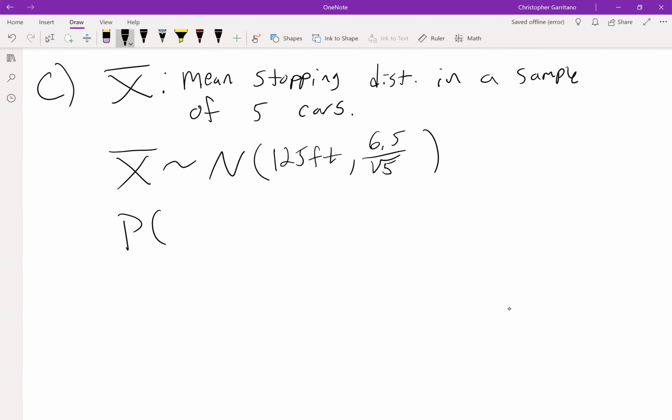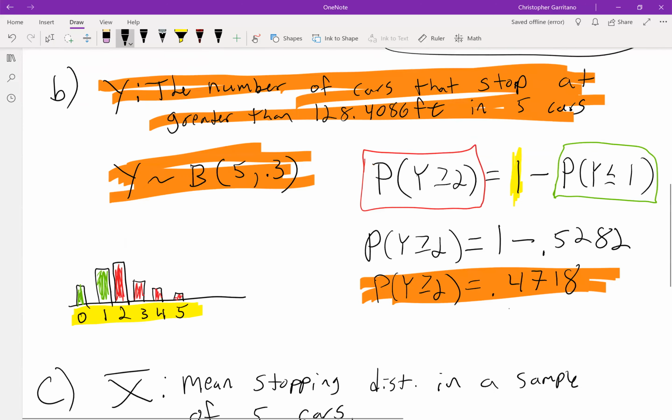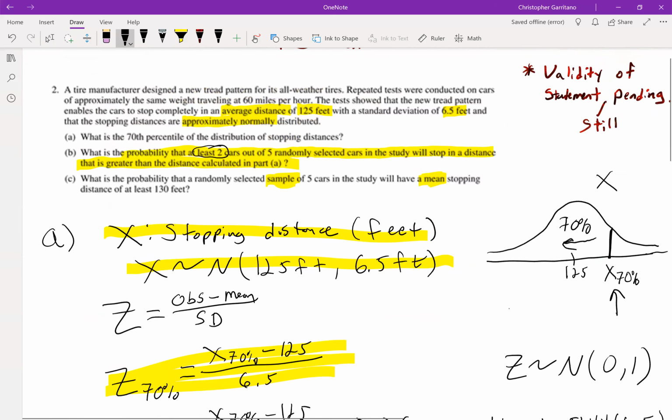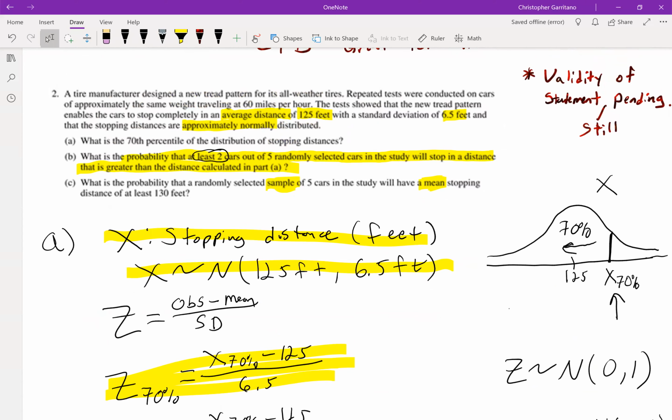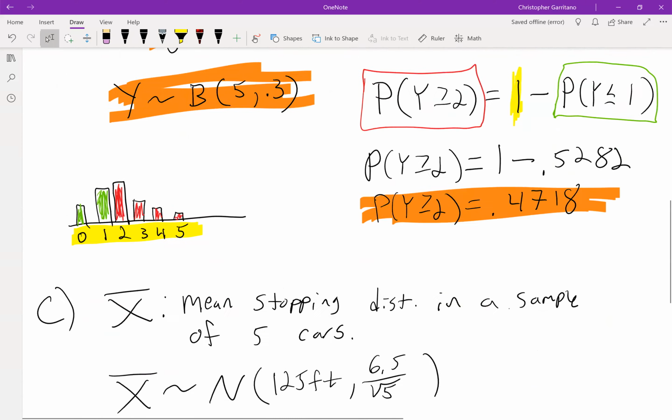All right, so what are we looking for? So we have our definition of our random variable, we have its distribution, and now all that's left is your p notation statement, and we're looking for the probability that x bar is greater than 130.